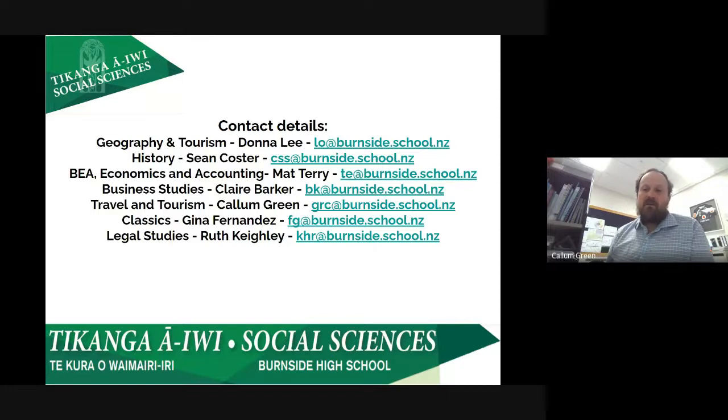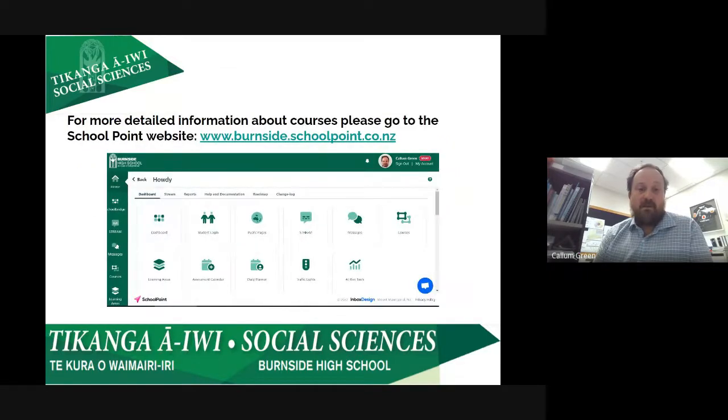Of course, if you're wanting more detailed information about any of these subjects, the best place to go is the SchoolPoint website, which has a huge amount of information in far more detail than what I've just gone through.